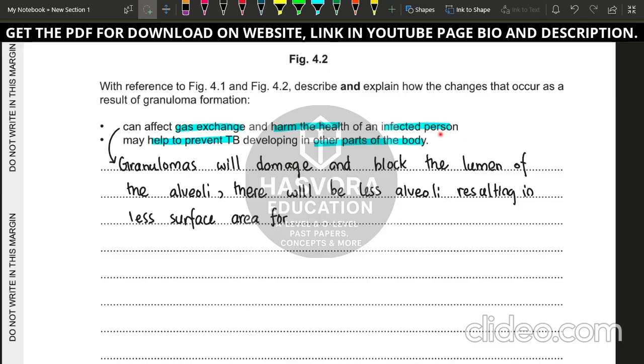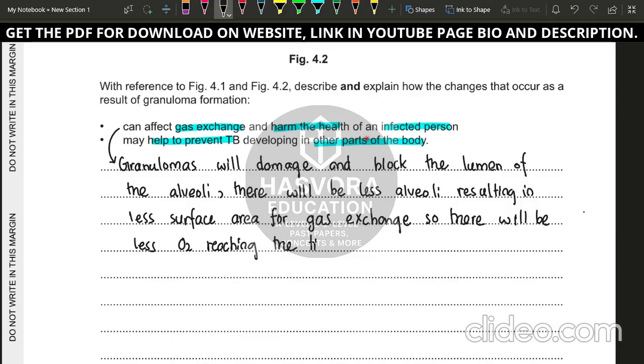So there will be less oxygen reaching the tissues, and person might feel fatigue, or you can say breathlessness. Okay, so breathlessness.